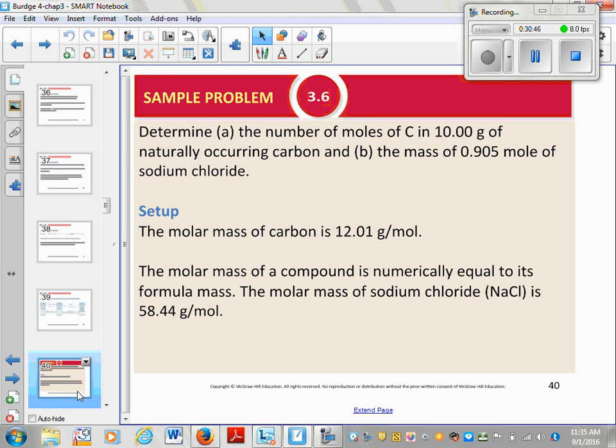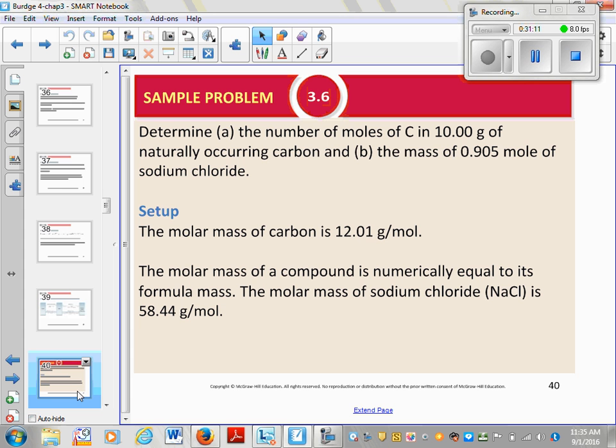I want to find out how many grams of that is. So I'm going to multiply it with moles on the bottom, because I want to get rid of it, grams on the top. 1 mole of NaCl, what's the molar mass? Well, read it off the board, 58.44 off the slide.